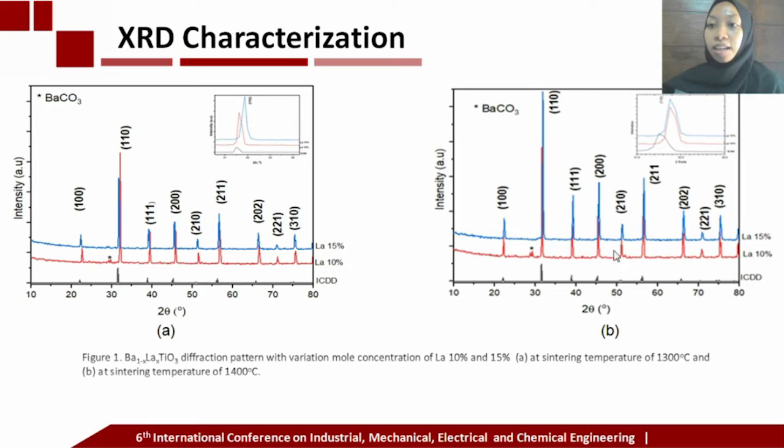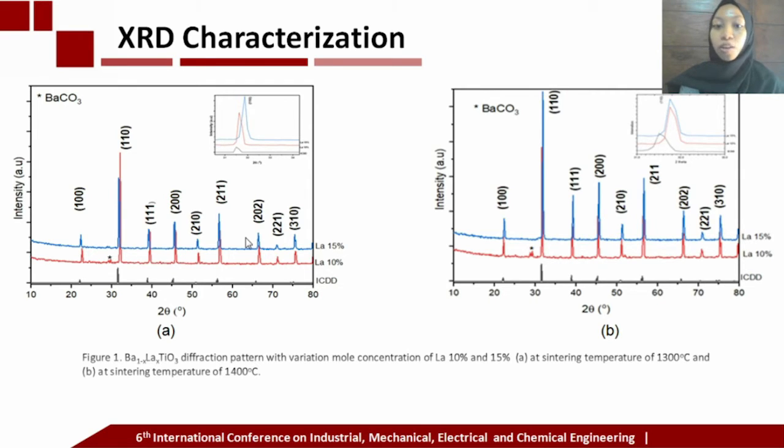So the barium lanthanum titanate with lanthanum modified at 10% still has other peaks, which are owned by barium carbonate, and the 15% sample has a single phase, which means that the barium, lanthanum, titanium, and oxygen have diffused completely. Lanthanum can replace the barium atom.